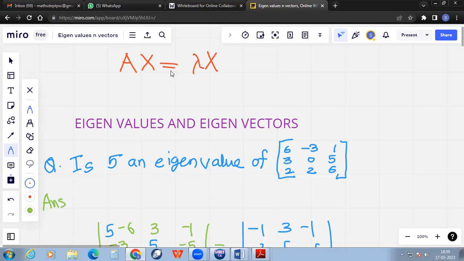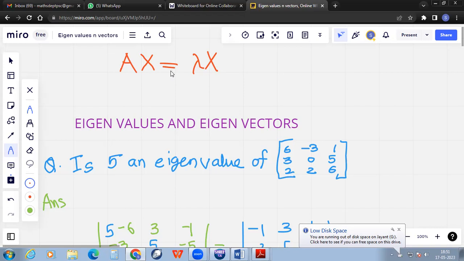Multiplication by a matrix and multiplication by a scalar are equivalent, both are equal. So such a number lambda we call as eigenvalue of that matrix A, and the corresponding vector X is called an eigenvector. One thing we should note is that this X is non-zero.